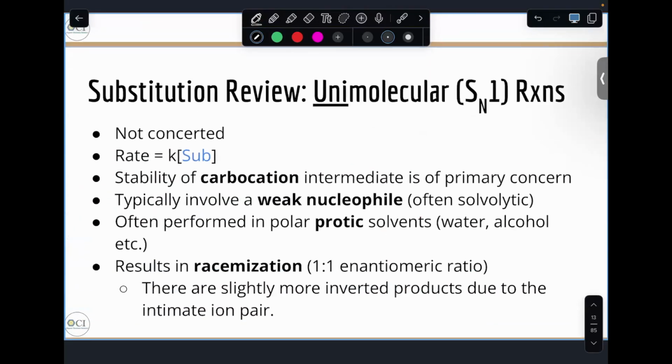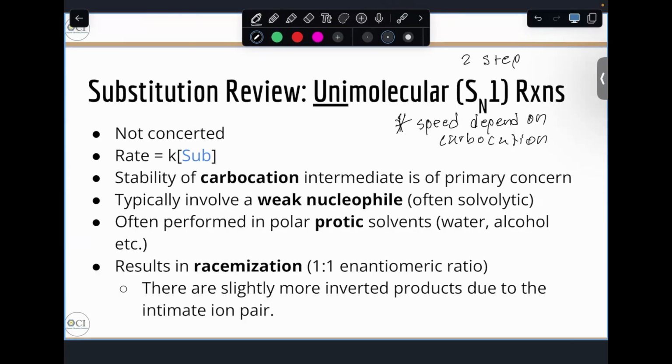Now for SN1 reactions, the most important thing to know is that speed depends on the carbocation being formed. SN1 reactions are two steps.